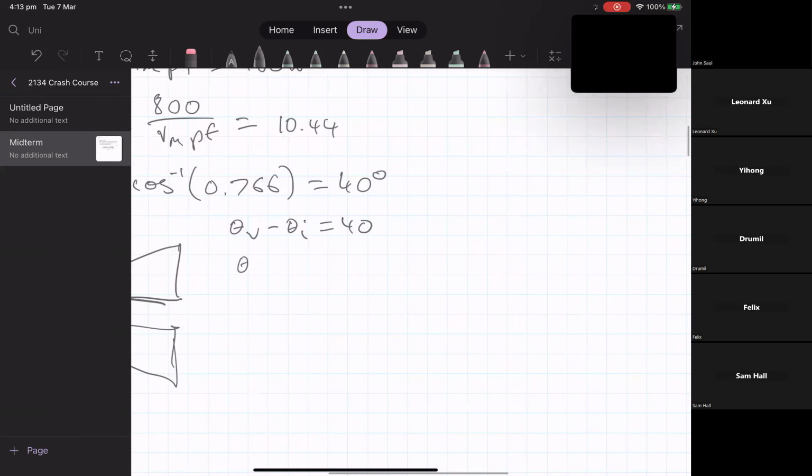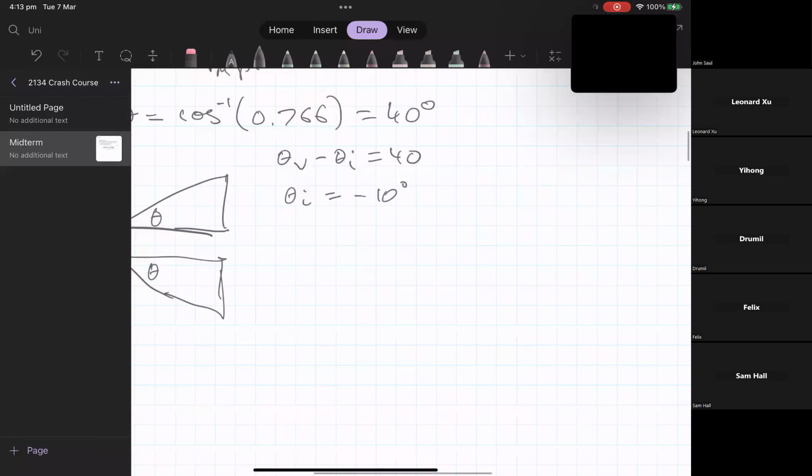And so rearranging, I equals negative 10 degrees. So I equals 10.44 angle negative 10 degrees. And that is an answer.